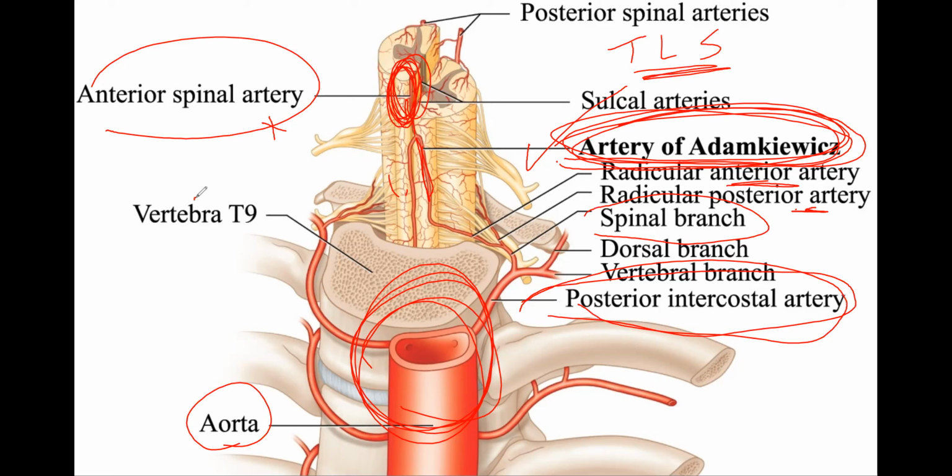So we have anterior spinal artery syndrome, with many etiologies, but for the artery of Adamkiewicz, it is iatrogenic injury during aortic aneurysm or aortic repair. Okay.